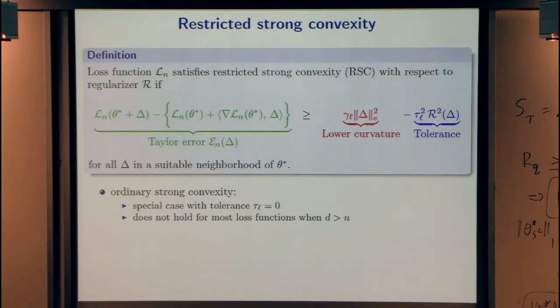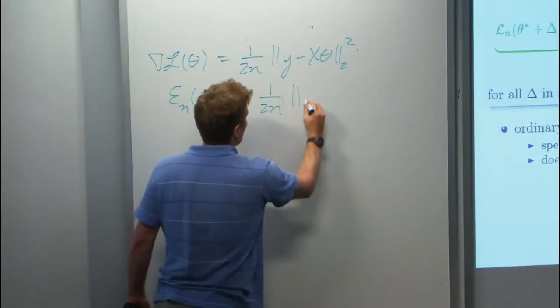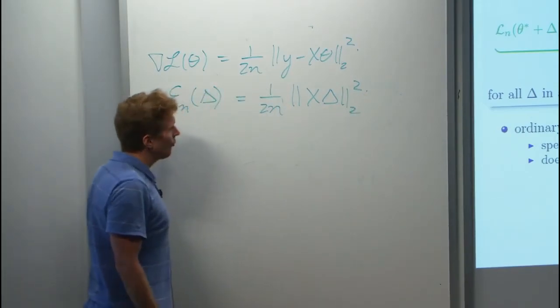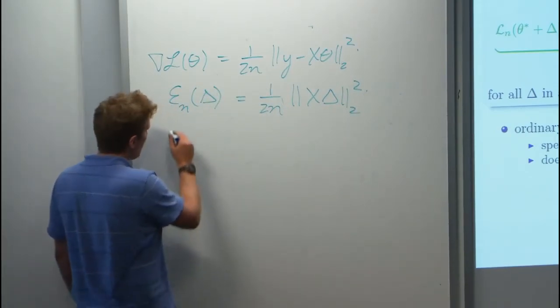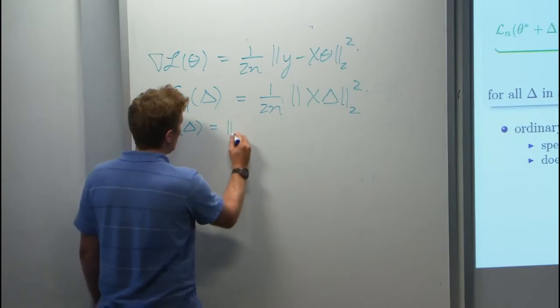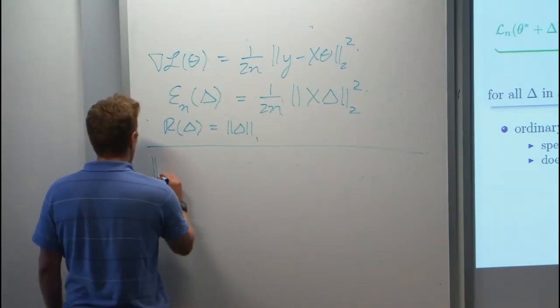All right, so why is least squares so easy? Well, the Taylor error is just a quadratic form. The Taylor error is just 1 over 2n x delta 2 squared. Let's do a little calculation. And so what this condition would be saying, suppose I use the regularizer as the L1 norm as we were doing this morning. What we proved this morning is results of this form.